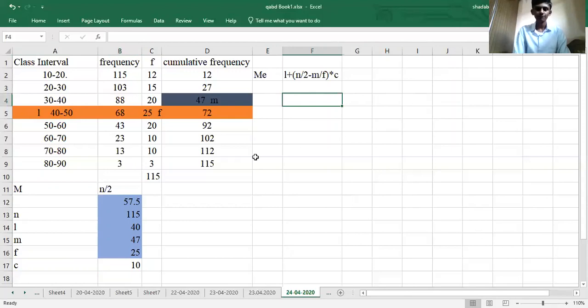L we know is 40, plus N divided by 2, 57.5, minus M, 47, divided by F, 25, into C, 10, gives 44.2. That is our median. The actual median will be 44.2.